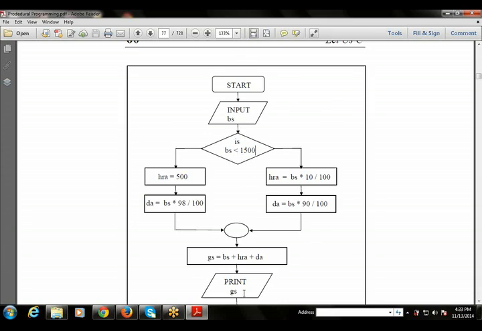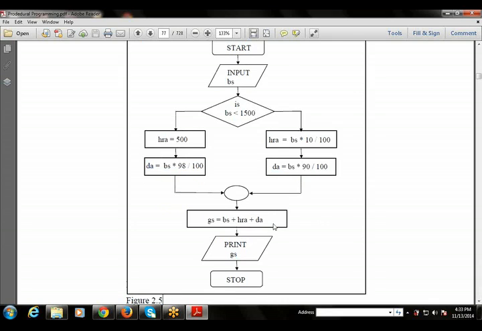Then the calculation or the process, that is calculating the gross salary, is denoted by the rectangle, that is gross salary equals basic plus HRA plus DA. Then print the gross salary, and at last stop.